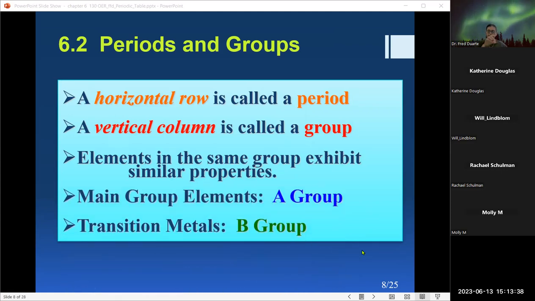Now, the elements that have the Roman numeral A, those are called the A group elements. And then we have the ones with Roman numeral B, especially like the D block and the F block, those have a generic name called the transition metals, okay? The B group are called transition metals. The main group are the A group.